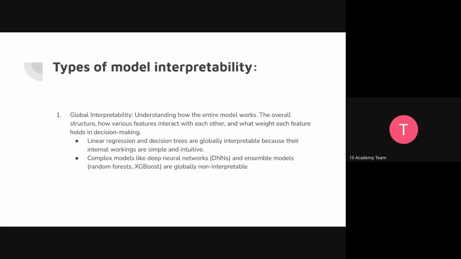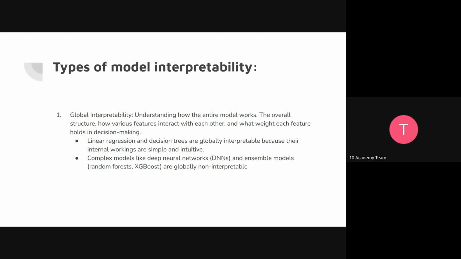For interpretability, there are two types: global interpretability and local. Global is understanding the whole model, how it works, its overall structure. Machine learning models that are simple enough can be globally interpretable.